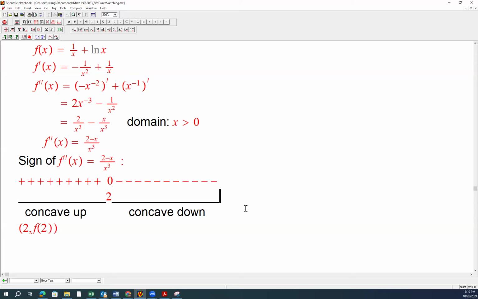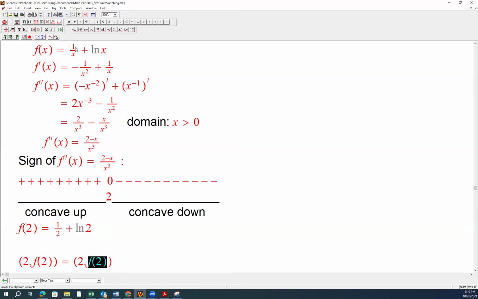So we're going to find the value for f of 2. What is f of 2? Go back to the function. The function is 1 over x plus ln x. When x equals 2, this is going to be 1/2, and this is going to be ln 2. So our inflection point is 2 comma half plus ln 2.